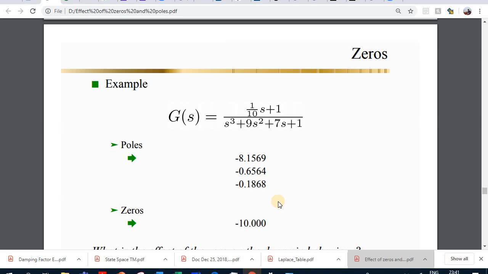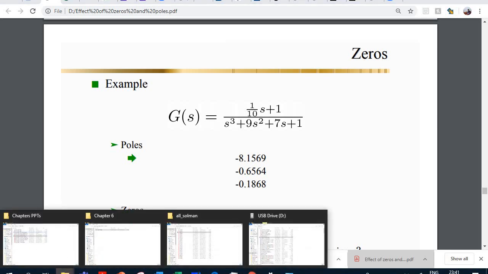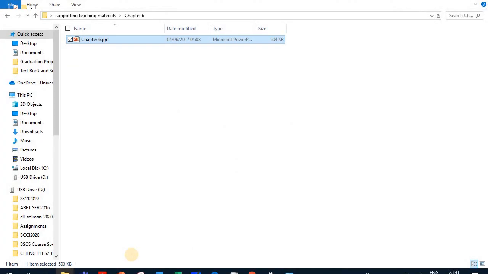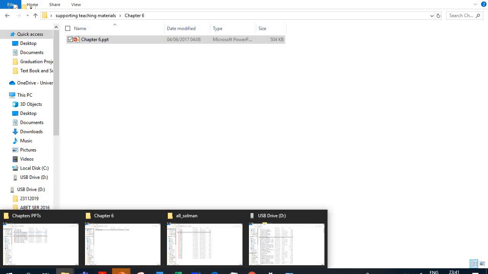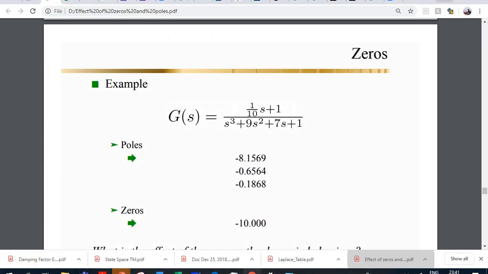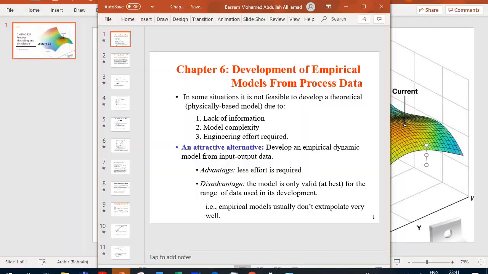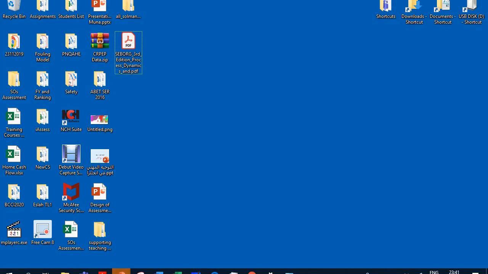We have solved some examples for poles and zeros. So what is left for today? Let's see. I need to open the PowerPoint that I have, going to the system here.